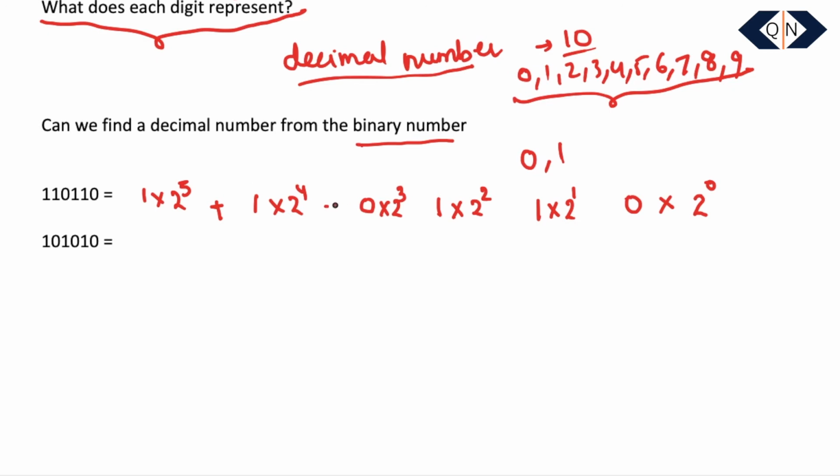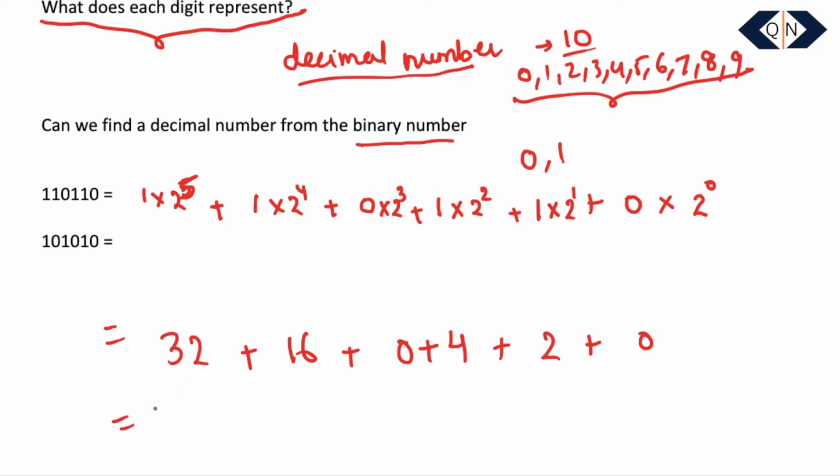So when we add all this, what will we get? Starting from here, 2 to the power 0 into 0 is 0. 2 to the power 1, 2 into 1, is 2, plus 2 to the power 2 is equal to 4, and this is 0, and this is 2 to the power 4, 16, plus 32.